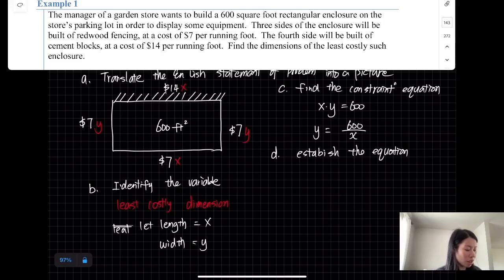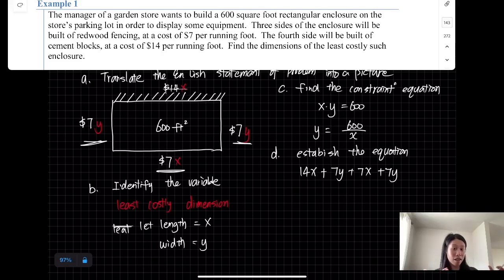We know that the cost is 14x, all of this material adds up, plus 7y plus another 7x plus 7y. Because each fence cost, we already wrote it in here, right? If you have x feet long and each foot costs $14, that means the total cost for that side, the cement side, is going to be 14x. So that would be your total cost.